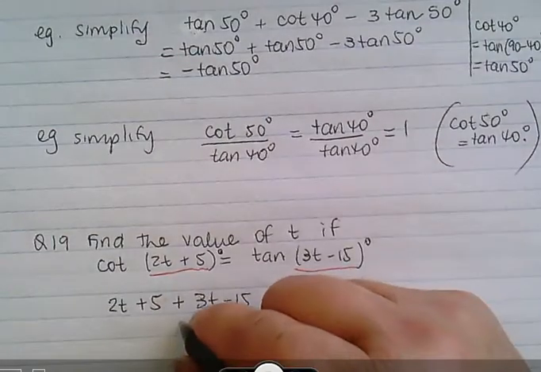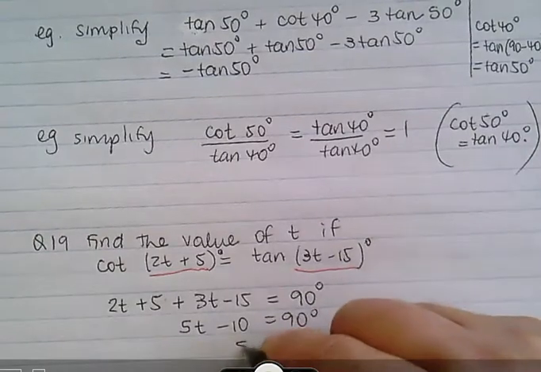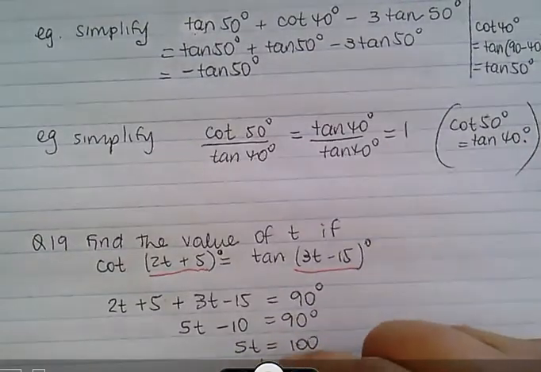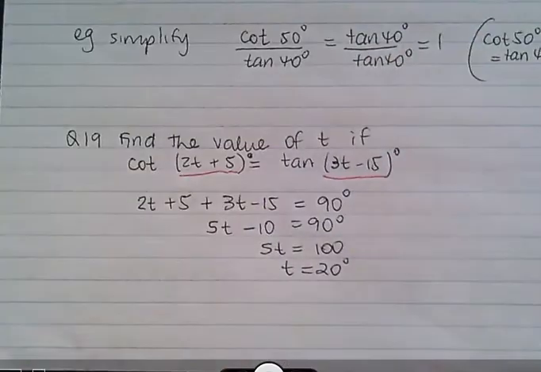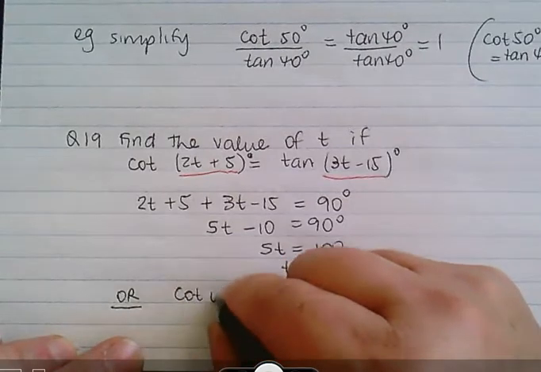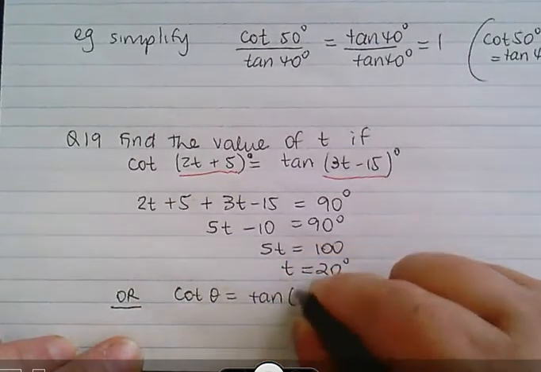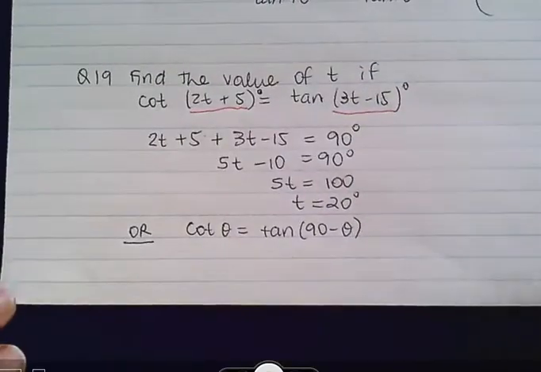So what have I got? 5t minus 10 is 90. So 5t is 100, t is 20. Now, if you want, you can set it out the other way, or if you want to use that cot theta is tan of 90 minus theta, you can do that, but it gets messy.